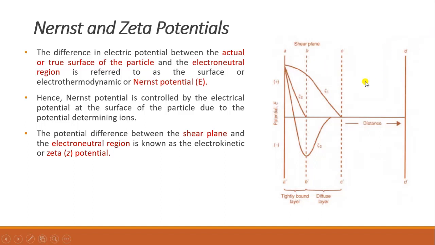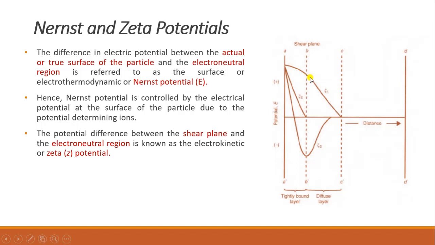Here Zeta 1 indicates that neutrality occurs at CC dash. Here if we consider AA dash, due to adsorption of cation, it has a positive charge. As anion adsorbs over the cation, it leads to a reduction in potential. But as fewer anions are adsorbed in comparison to the cation, charge is not neutral.